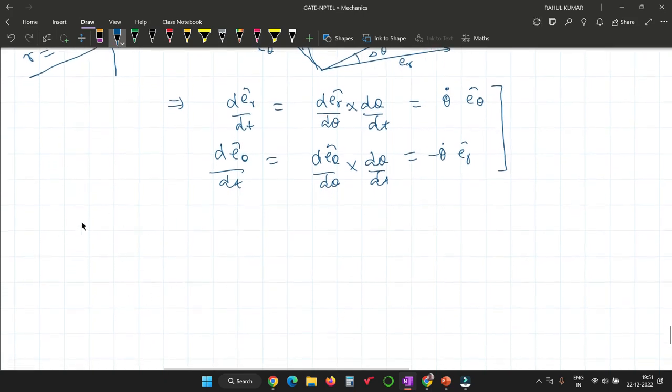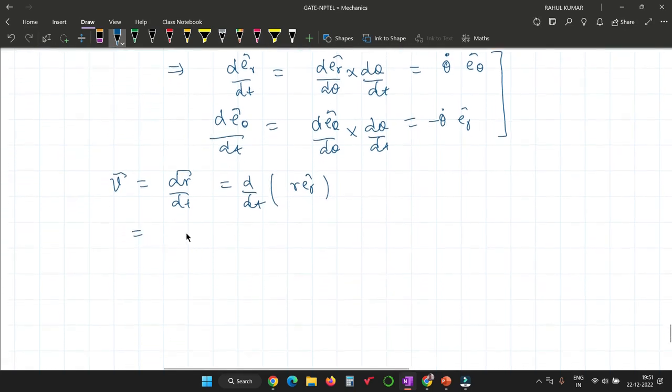Earlier we have seen that v equal to dr by dt, so d by dt of r er. After applying the chain rule, we get dr by dt into er cap plus r d by dt of er cap.